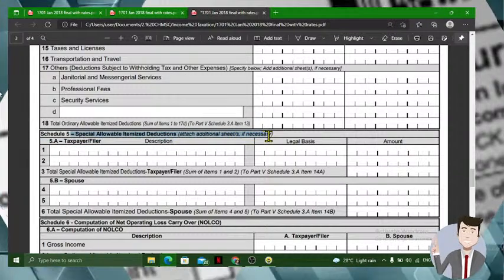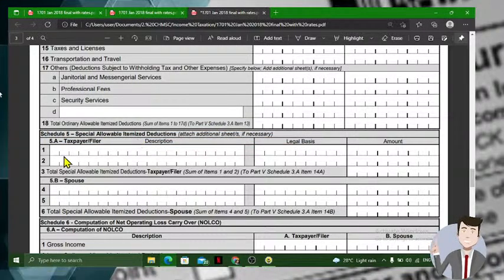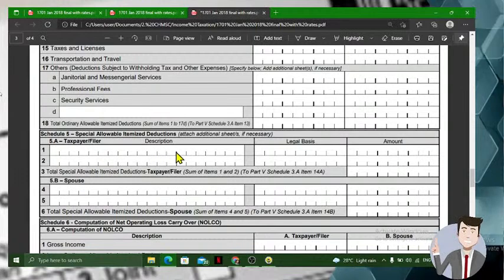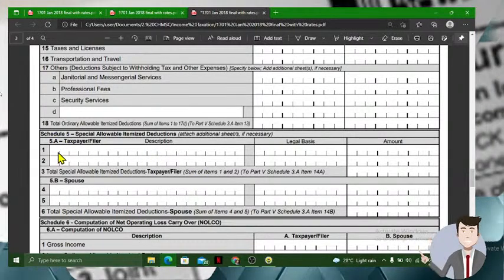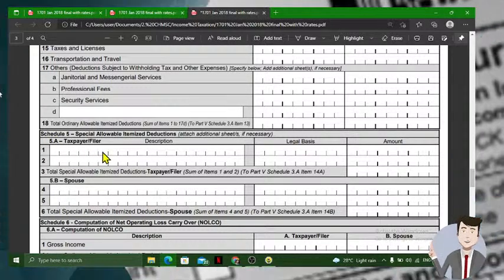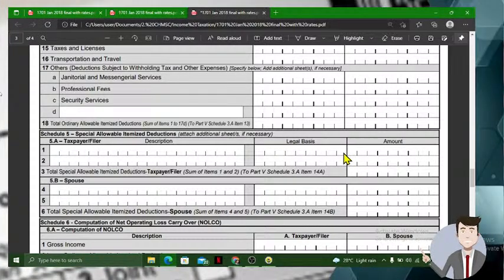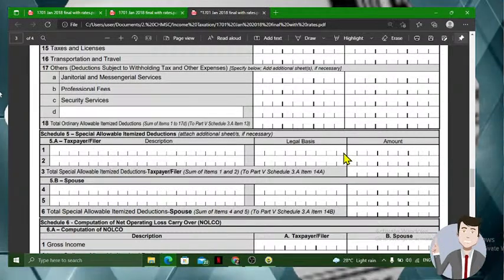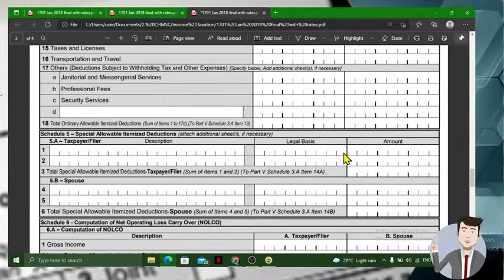So if there is any other allowable itemized deduction, you have to add it up. Okay, you have to consider the taxpayer filer description. This is for the taxpayer. So you have to describe what kind of special allowable itemized deduction it is, and you have to state the legal basis, the Republic Act, the law, or any other legal proof for your claim and the amount of your allowable deduction.